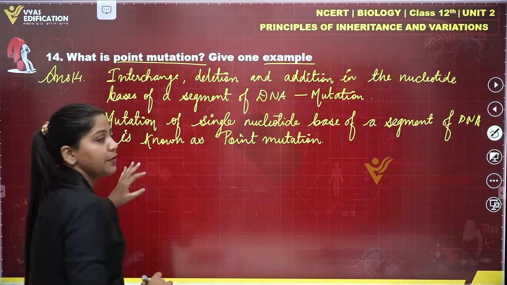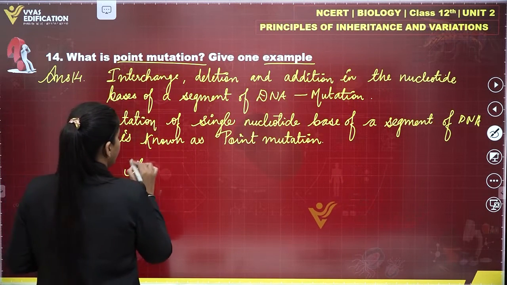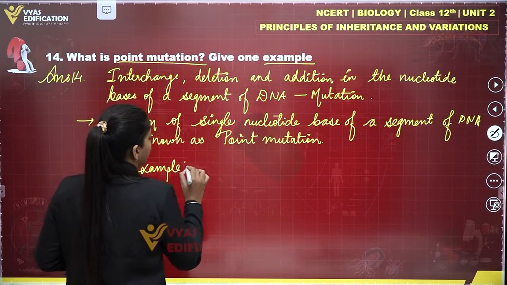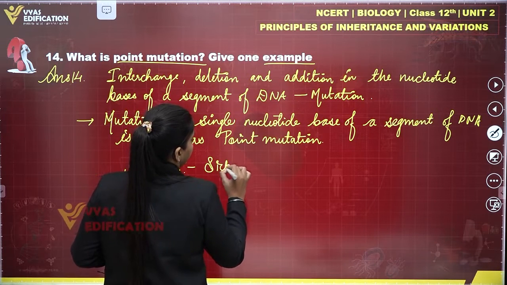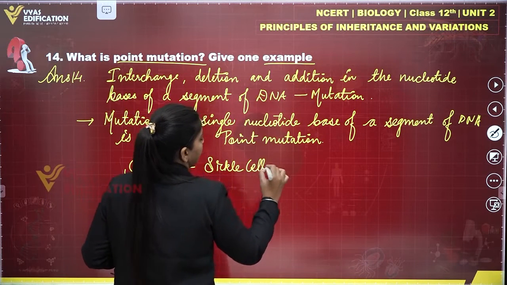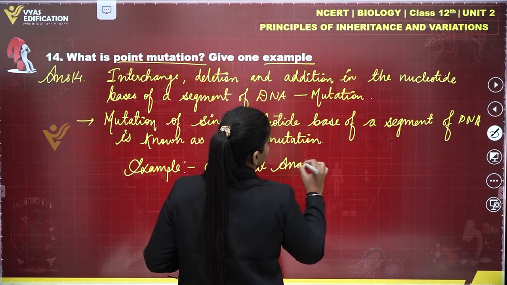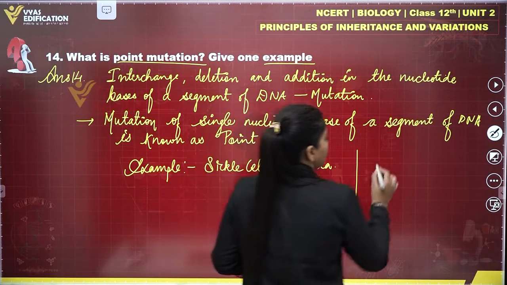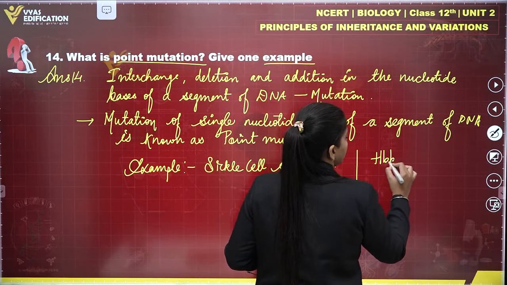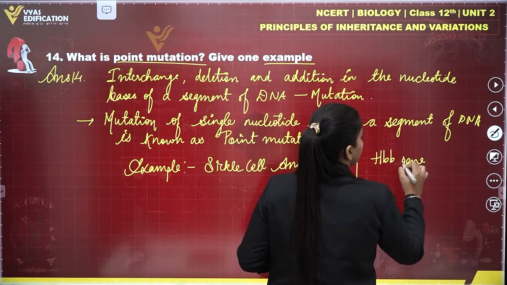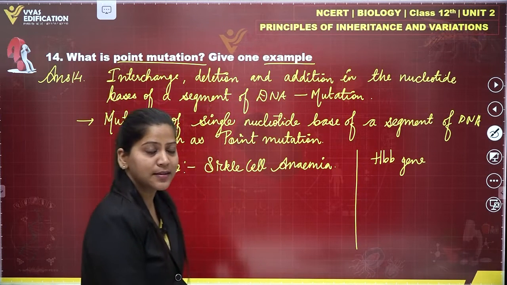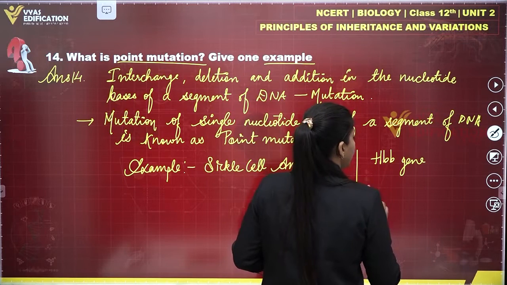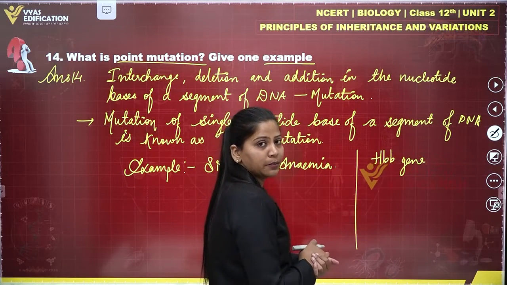All right. If we're talking about an example, we have sickle cell anemia. What happens in sickle cell anemia? Suppose we have the HBB gene, which is a normal gene for our erythrocytes, our red blood cells. The HBB gene has so many nucleotide base pairs.